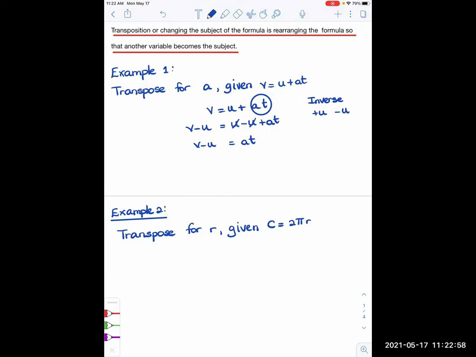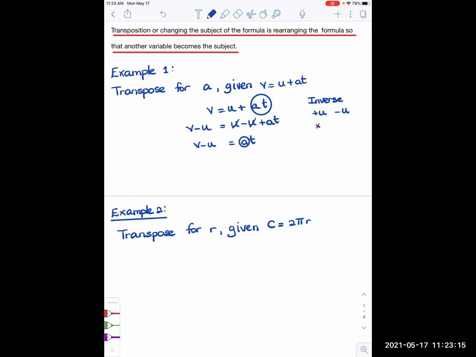So now I am going to circle the variable that I want as the subject, which is A. So that means that I need to eliminate T. And the operation that takes place between A and T is multiplication.